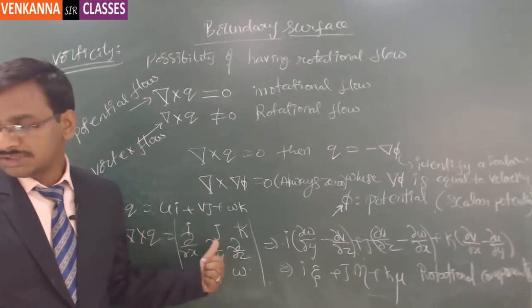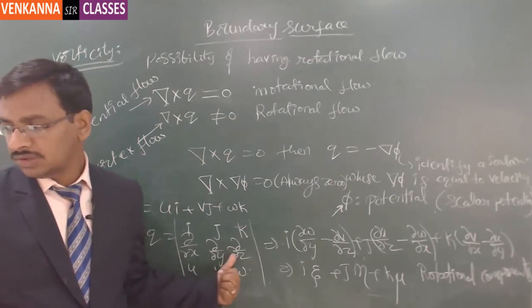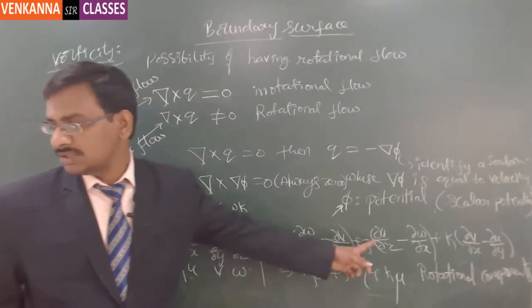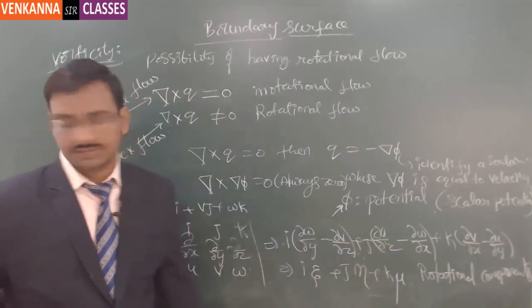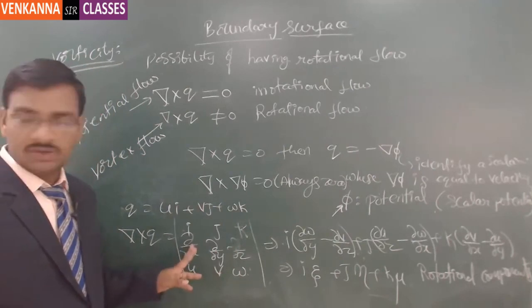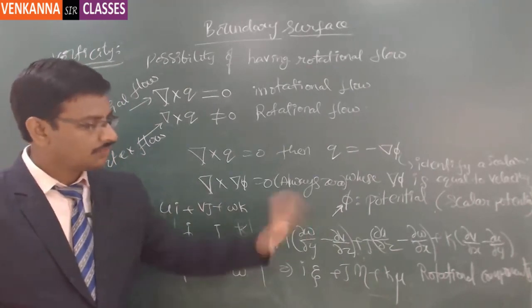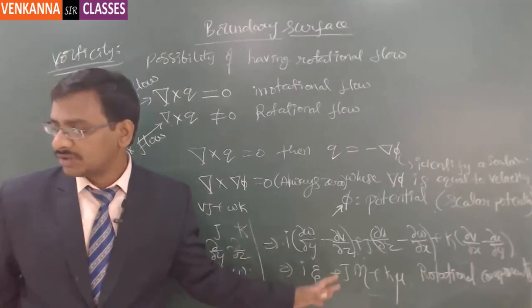Similarly, minus j into (dou w by dou x minus dou u by dou z). That's why I have changed the order by taking minus out: dou u by dou z minus dou w by dou x. And then the last step will be plus k times (dou v by dou x minus dou u by dou y). So these are all called the vortex components or the rotational components.